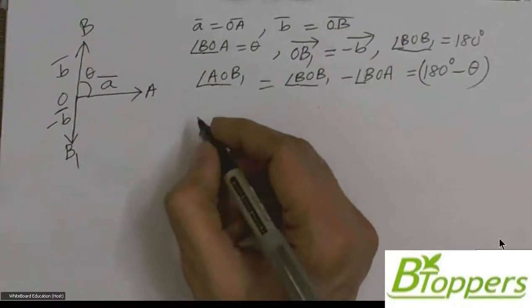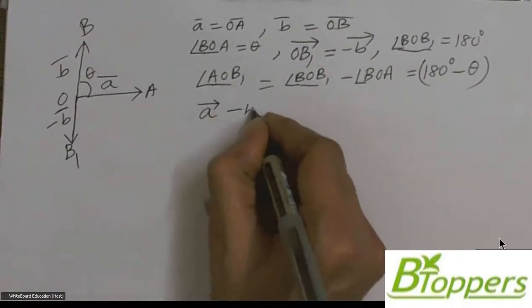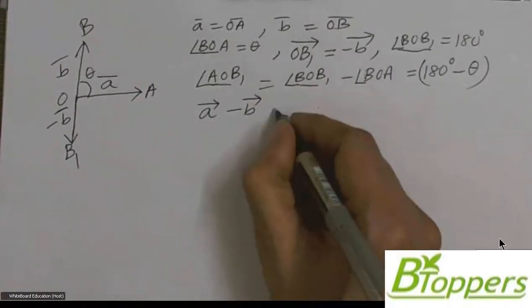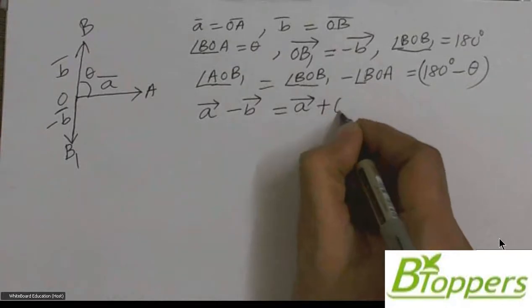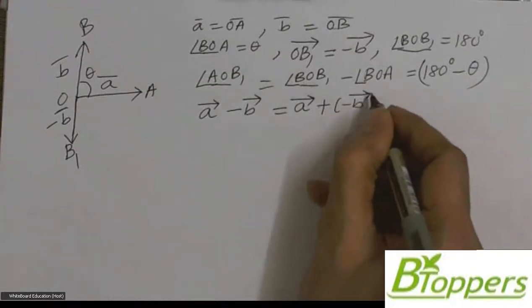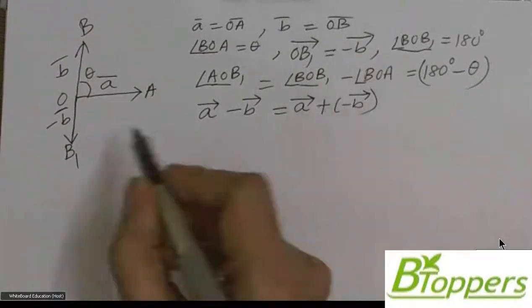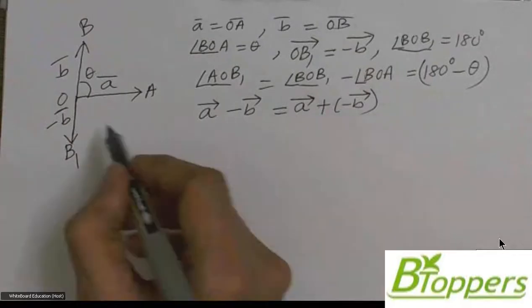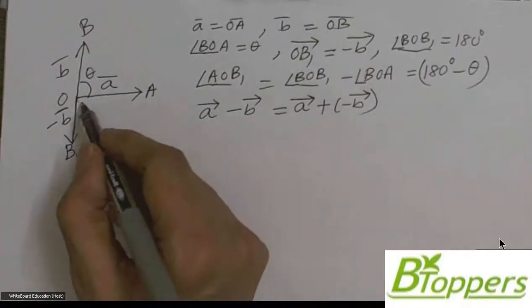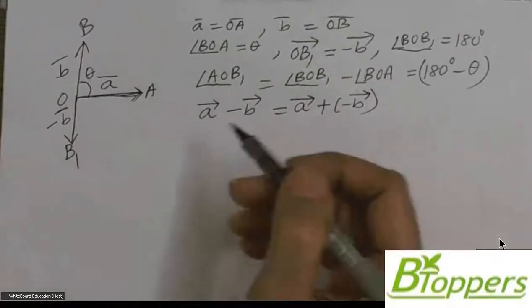Now coming to the definition of the difference of two vectors. The vector difference A bar minus B bar is defined as the vector sum or resultant of the vectors A bar and minus B bar. In the diagram, the vector A bar is represented graphically by the directed line segment OA bar.